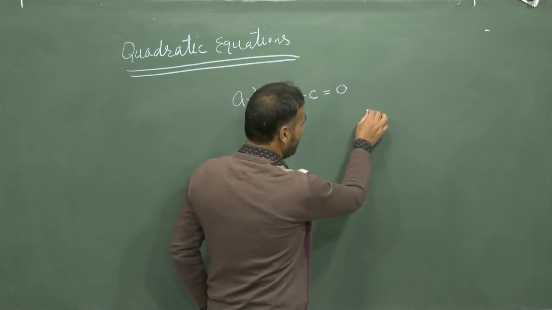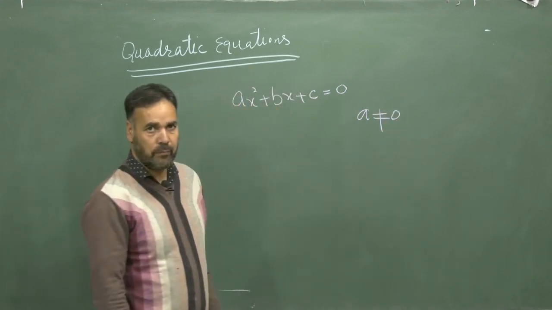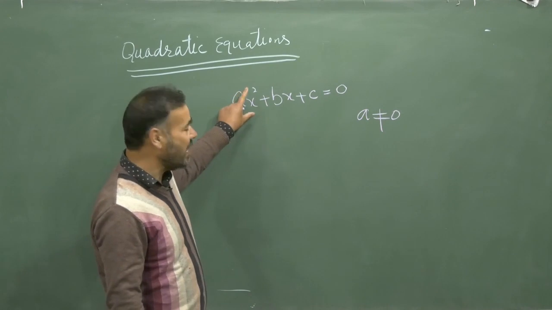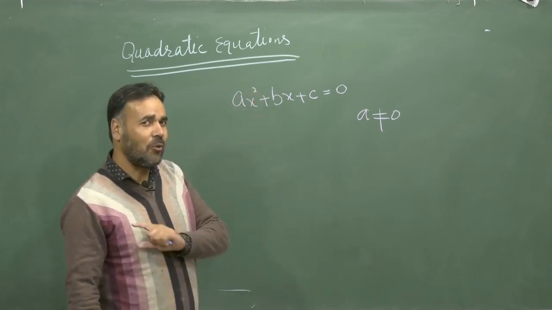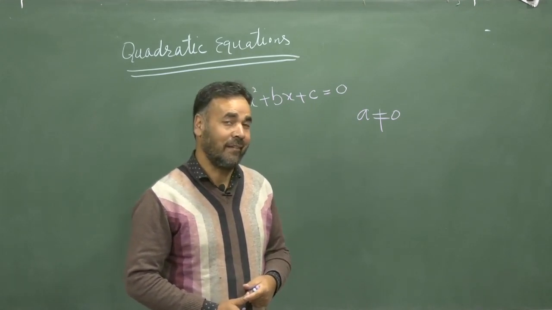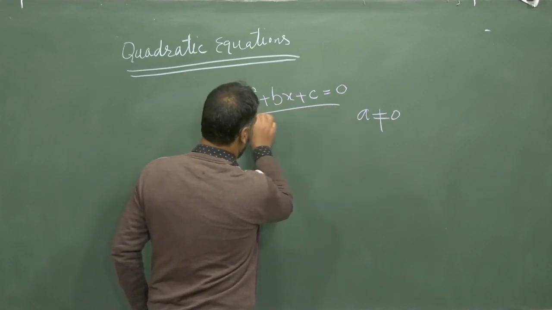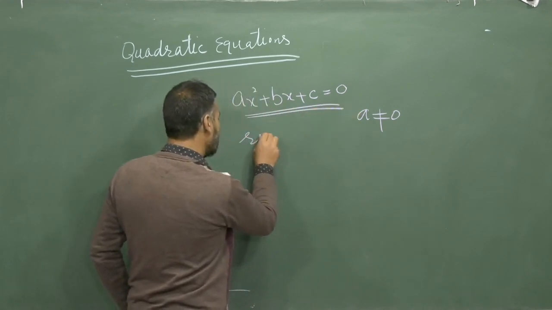But here is a condition that a should not be equal to 0. If a is equal to 0, then it will no longer be a quadratic equation, it will become a linear one. So, this quadratic equation has real roots.